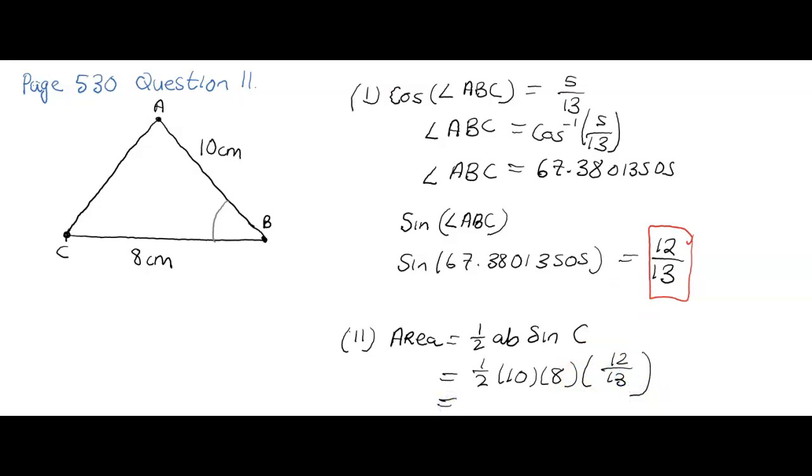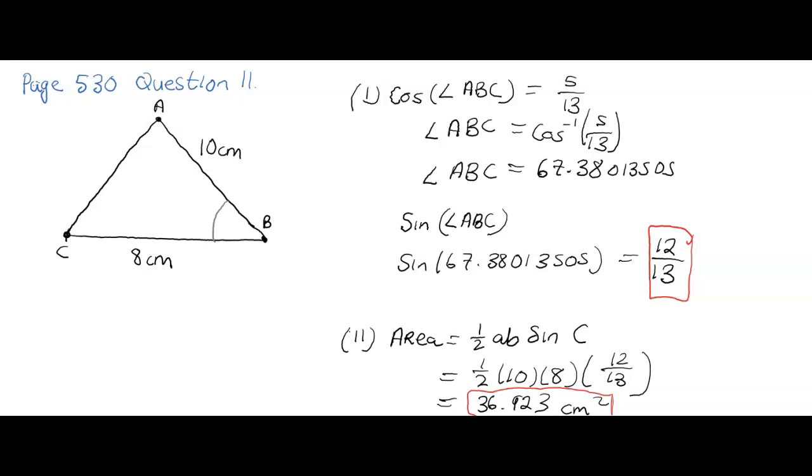Area then is equal to 40, so half of 10 is 5, by 8 is 40, multiplied by 12/13. And we are getting 36.923. The question doesn't specify, so I'm going to leave that as centimeters squared. Okay. There we are.